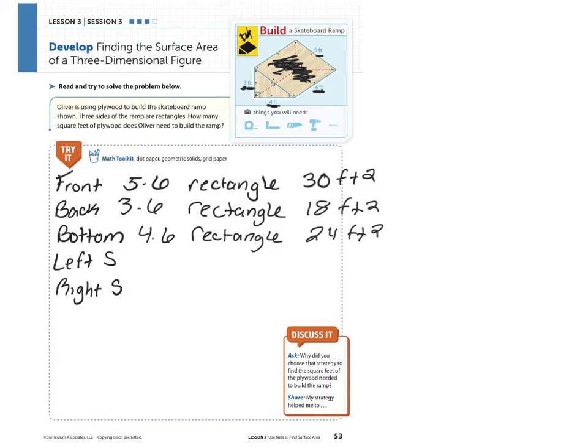My left and my right side are a little bit different, so be careful when we get to the triangles here. They're not identical. Okay, I'm going to erase everything so you can see it. Okay, so looking through here, oops, apologize for that. My first triangle here, my left side, is going to be a 3 by 4 triangle. Okay, but remember, my area of a triangle is going to be 1/2 of that, so 1/2 of 12 is 6 feet squared.